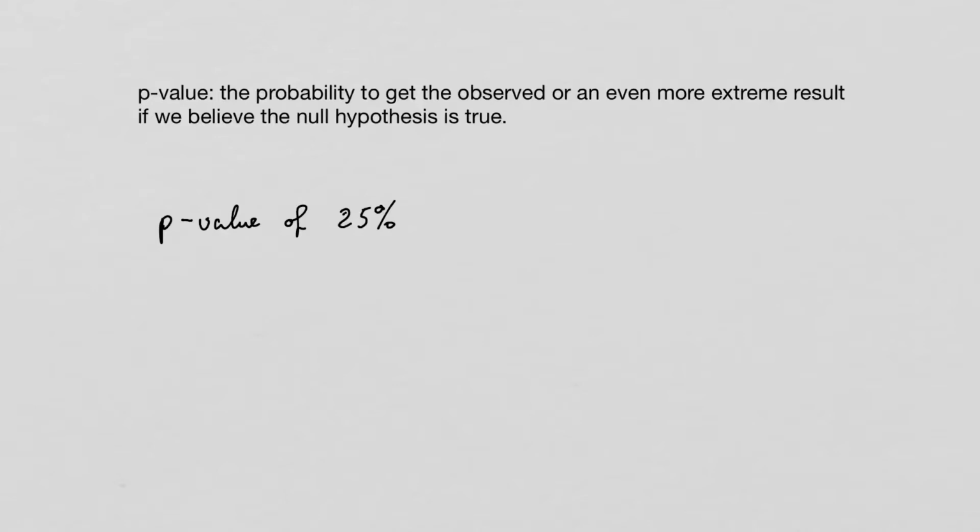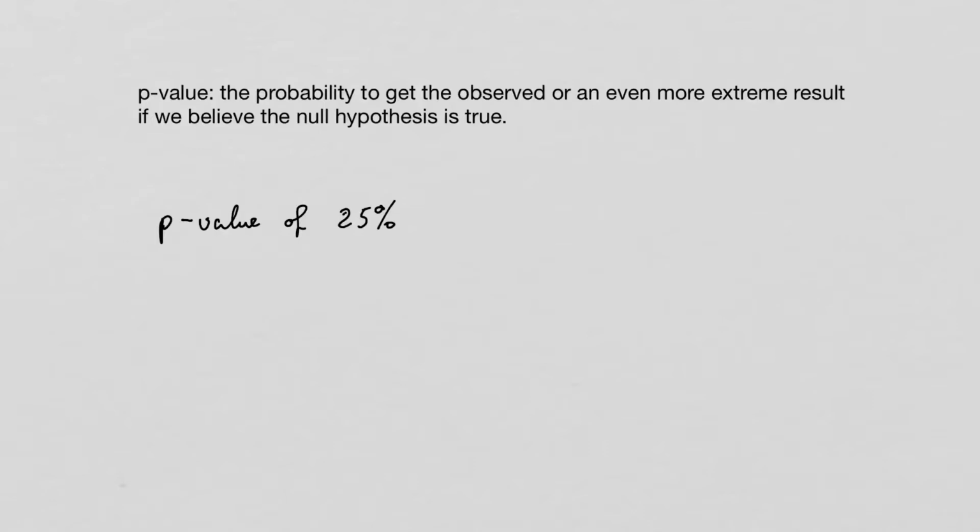So if we say the null hypothesis is correct and we get the probability for the evidence, for the data, with a 25% probability, then we usually would say, yes, this is beyond reasonable doubt, and we are quite happy. It could basically happen if the null hypothesis is true.